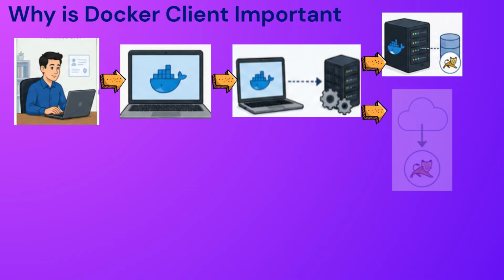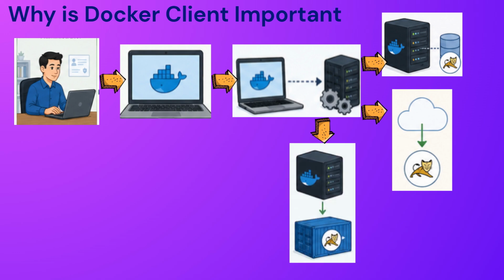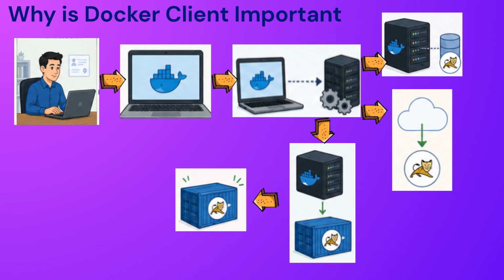If required, it downloads the image. The Docker daemon creates the container, then Tomcat starts running. So as administrators, we only execute a simple, single command. The Docker client and Docker daemon handle the rest, right?